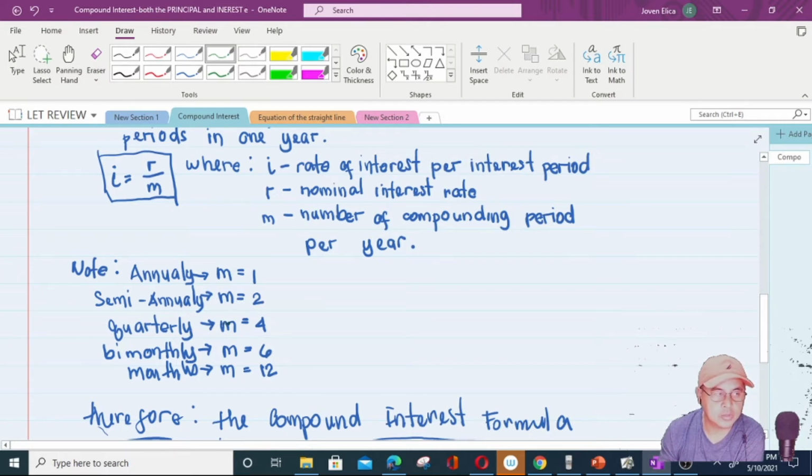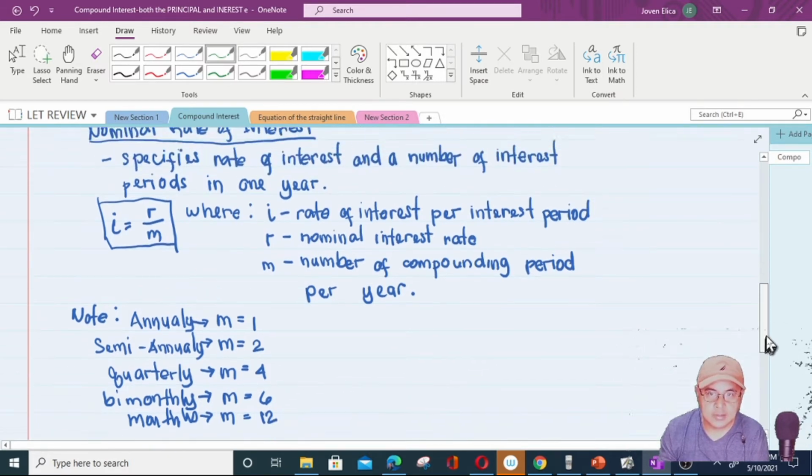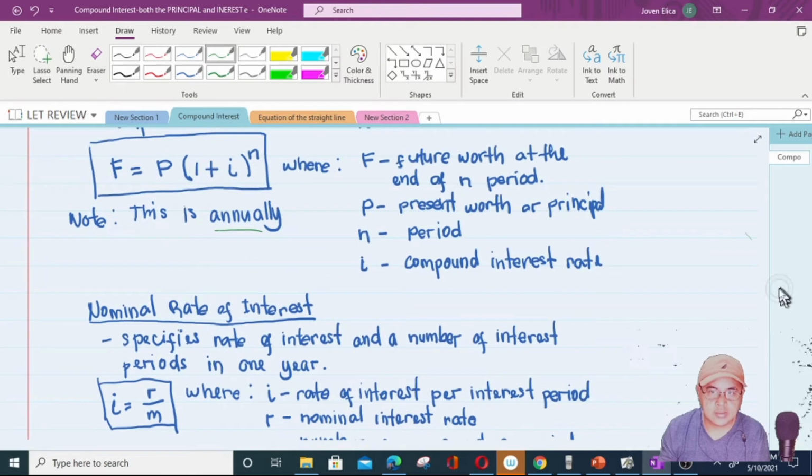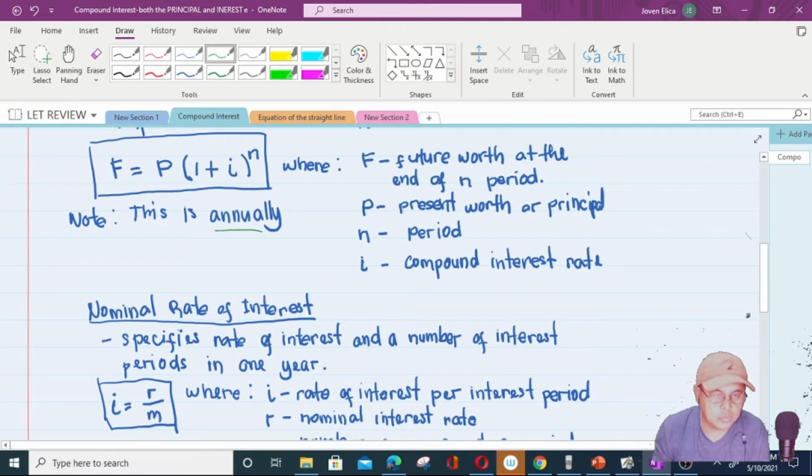Quarterly, that means your M is equal to 4. Bi-monthly, your M is equal to 6. And if you see in the problem monthly, the compounding period will be 12. So these are the formulas that you have to remember when it comes to compound interest.